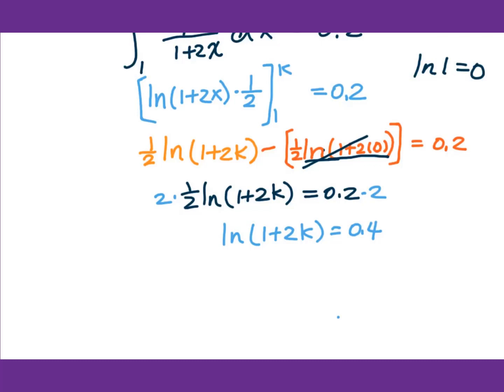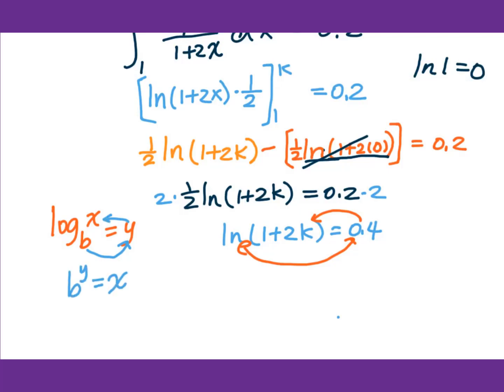Then using the circle to figure out this argument, base is e. We do know that log base b of x equals y. We can write down b to the y's power equals x. So we can write down e to the 0.4th power equals 1 plus 2k.